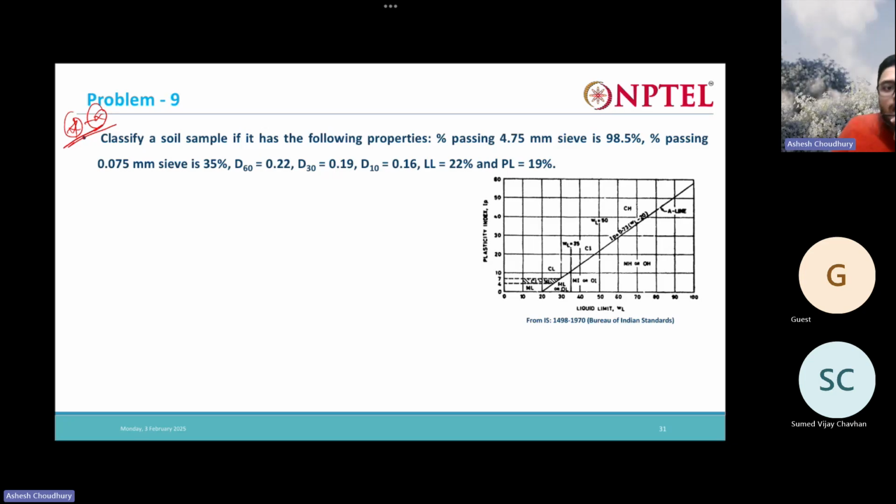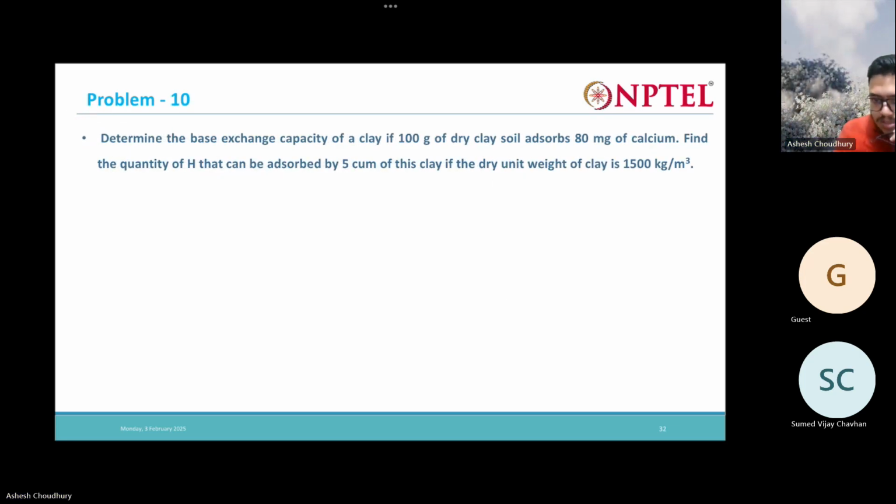See, percent finer than 0.075 mm should be more than 50% for it to be a fine soil, isn't it?